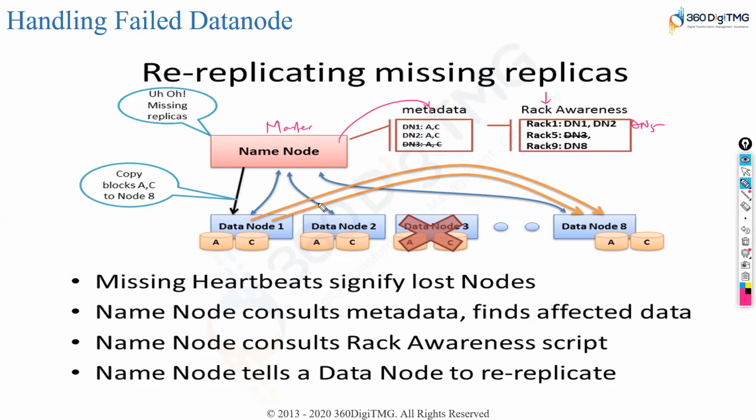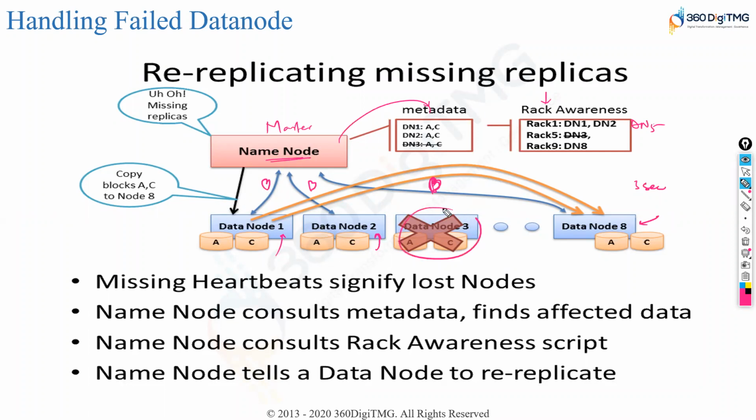Now, each data node that you see here is responsible to share heartbeat signal to name node. At every 3 seconds interval, automatically there an empty message goes to name node, and this empty message, when received by name node, will understand that data node is up and running.